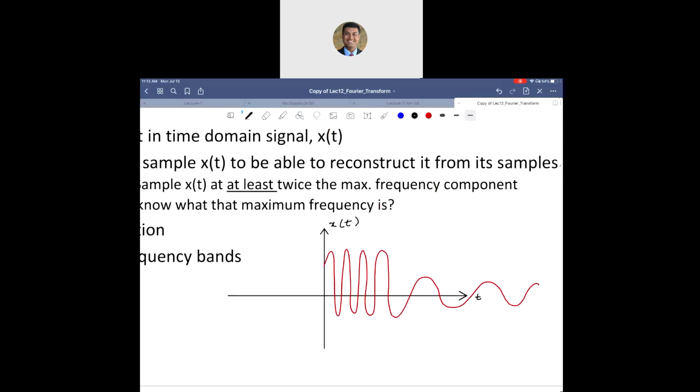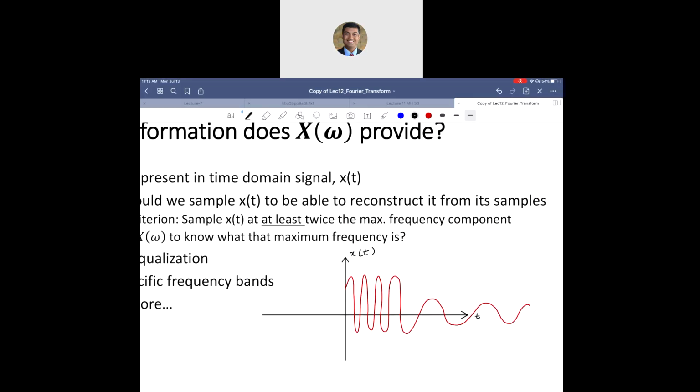In order to explain things, I've made it a little bit more dramatic than necessary, but I hope you are getting this information here. There are some high frequency elements to x of t that have a larger amplitude, and there are some low frequency, slowly changing aspects of x of t that have a smaller amplitude.